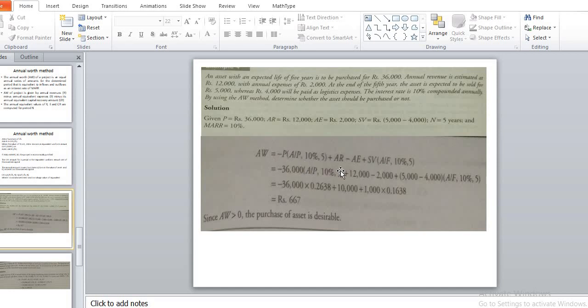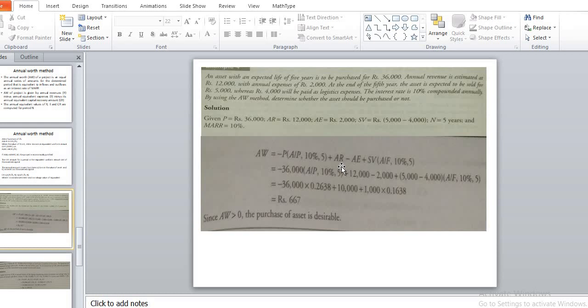It is the annual revenue minus annual expenses, plus the salvage value times the sinking fund factor, minus the principal investment times the capital recovery factor.